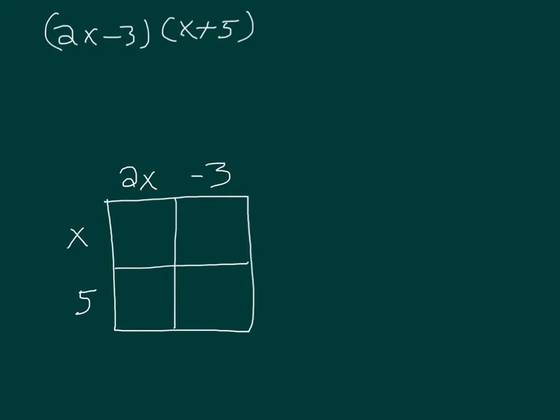Now I fill in each of the squares inside by multiplying the number or expression on top of the column and to the left of the row. To fill in this top left box, I'm going to do 2x times x, which is of course 2x squared.